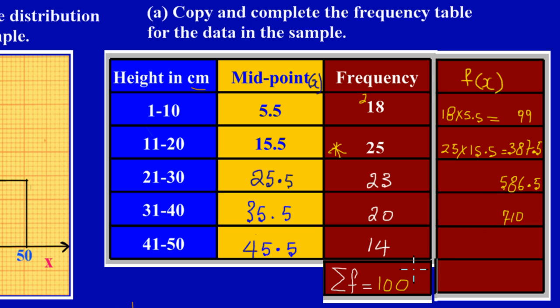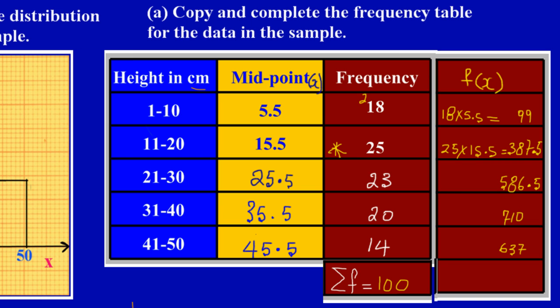And then 14 times 45.5, and that would give us 637. Okay, now my friends, these values represent our f of x values.